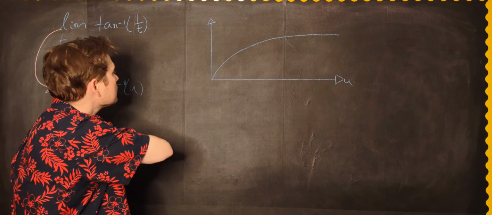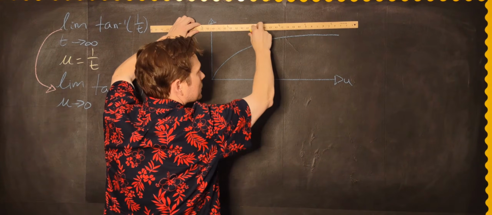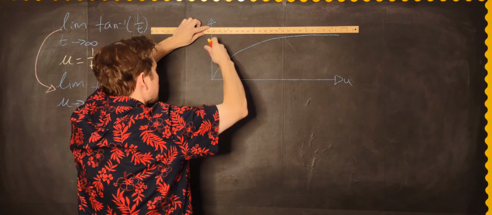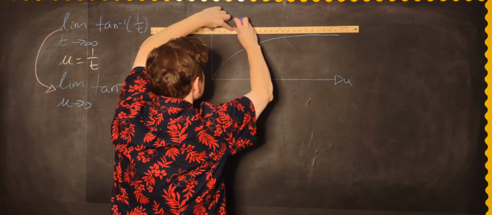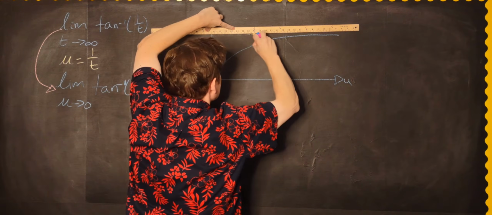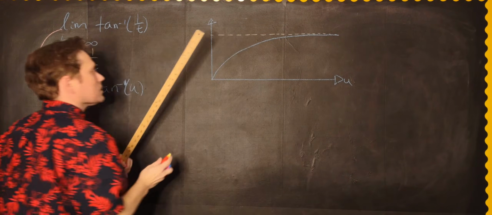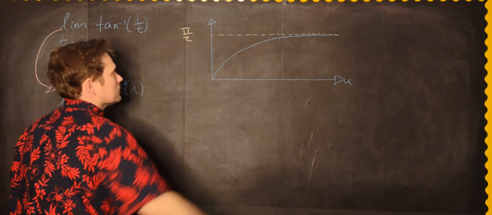Up here, it approaches the following. Let me mark this. This is the horizontal asymptote, and the value is pi over 2.